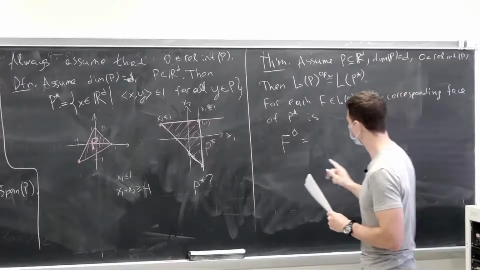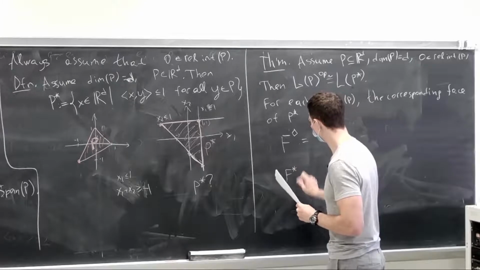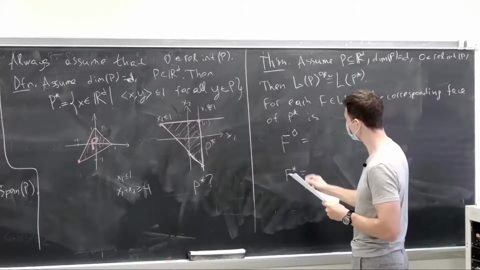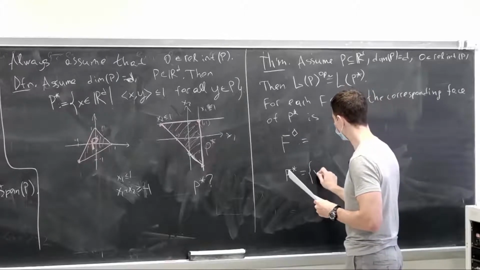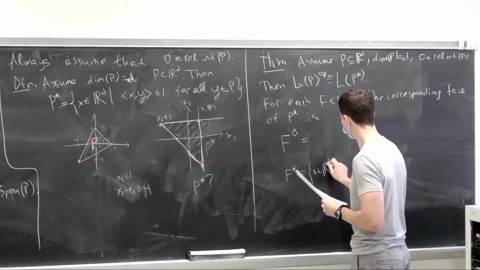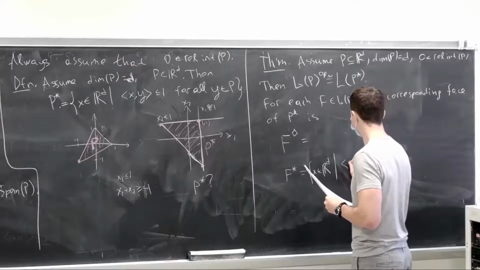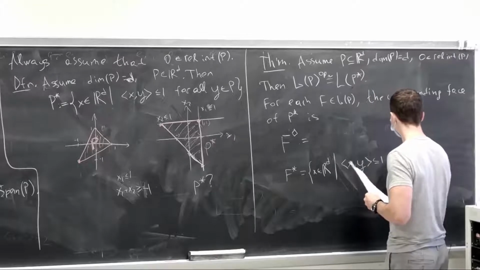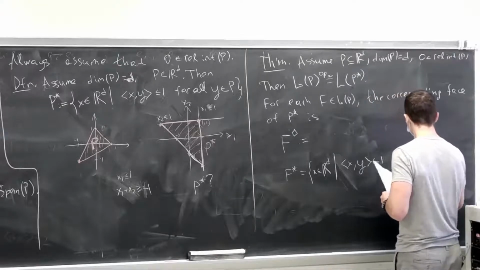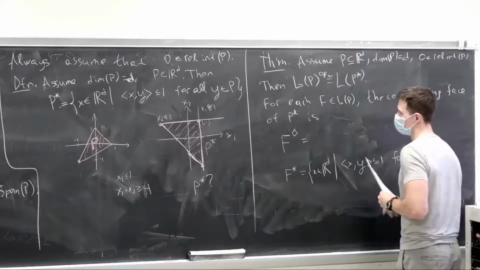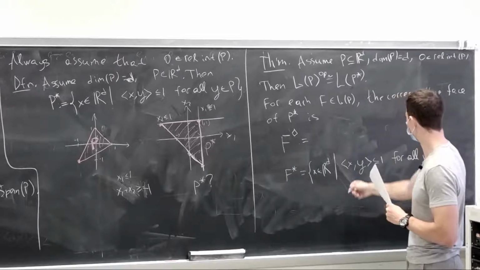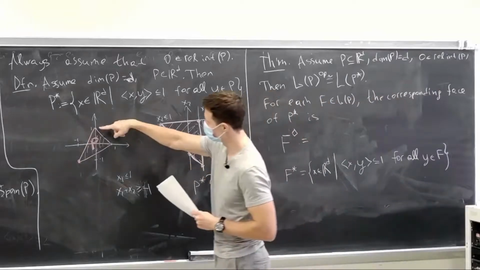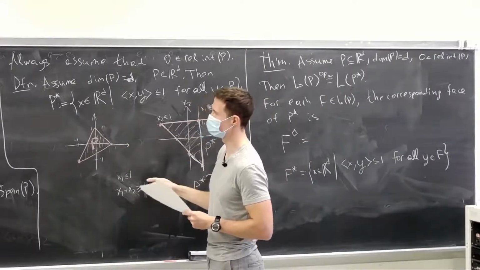Oh, okay, interesting. So there is one idea, which is to take the corresponding face to be just F star, which is the set of all x in R^d such that <x, y> is less than or equal to 1 for all y in F. And there's one problem with this, namely, if you take a face of P, then it usually does not contain the origin.